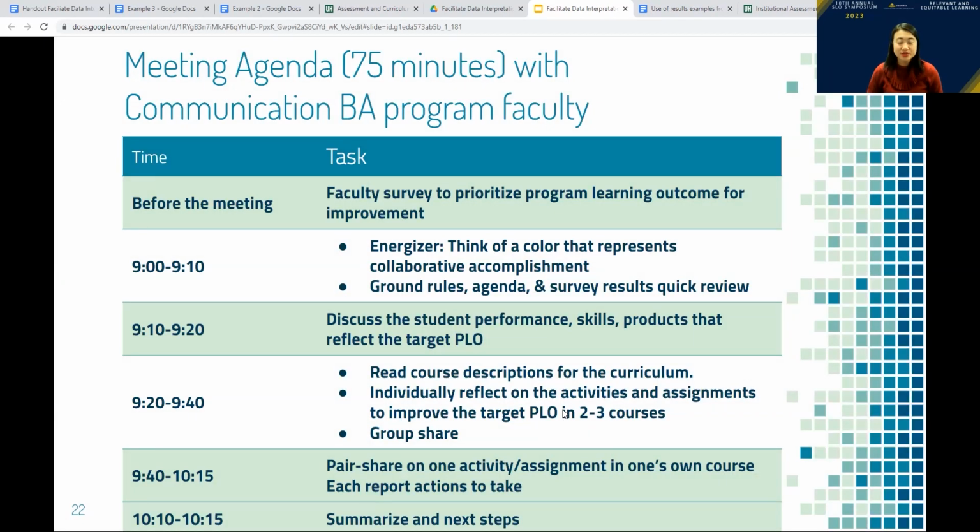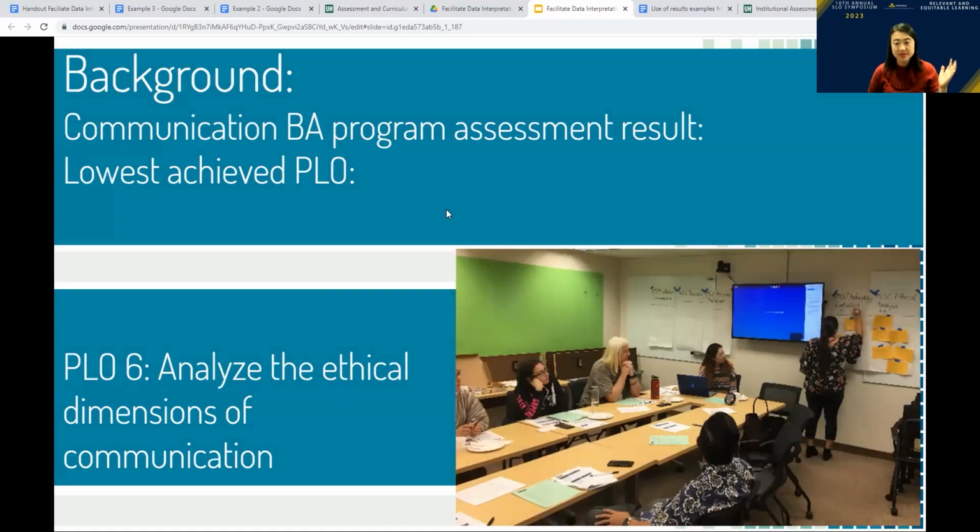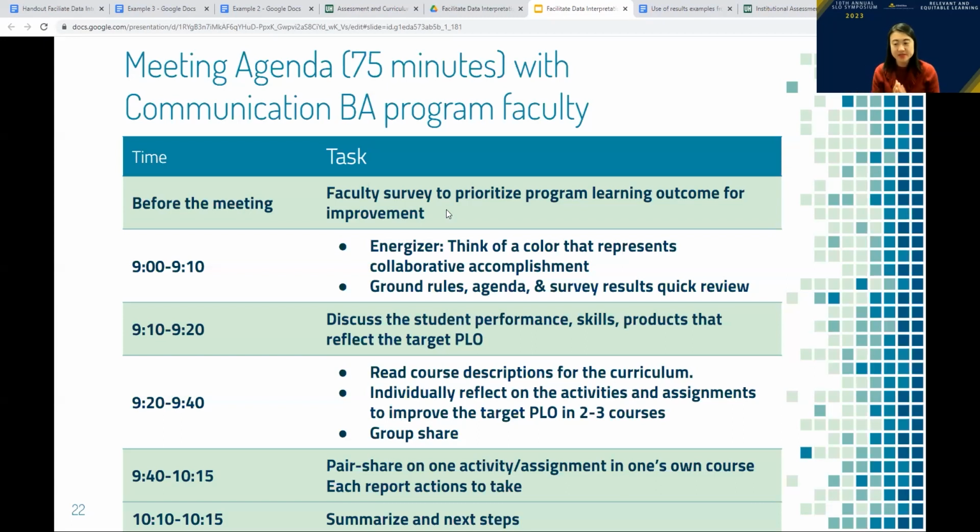So we presented the results, and this time we tried to have faculty members engage, because this happened before the pandemic. It's been years since they thought about assessment. Now, after the pandemic, they have to submit an assessment report. It's time to think about assessment. To help faculty be on the same page, the department chair and I thought of this idea to send out a faculty survey, just briefly telling them the results.